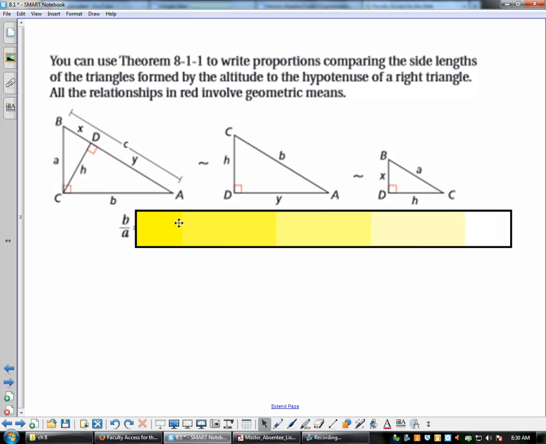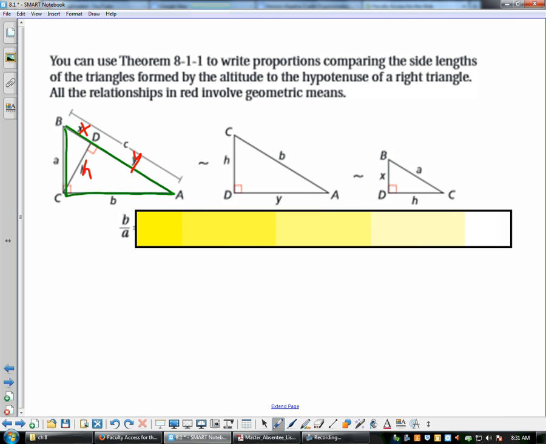Notice they've taken the right triangles we were working with previously, the big, medium, and little right triangles, which are all similar, and they've named some of the sides. They're calling this side B, this side A, the big side is still C, and they're calling the altitude to the right angle H. They're calling this little piece of the big hypotenuse X, and this larger piece Y.